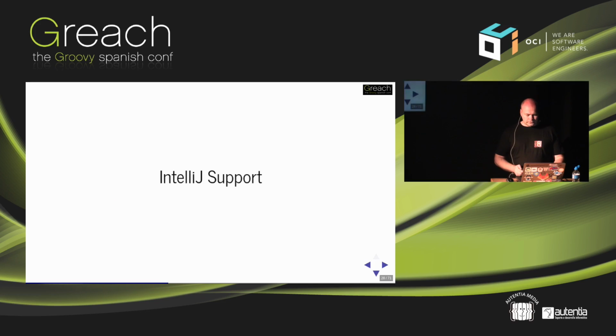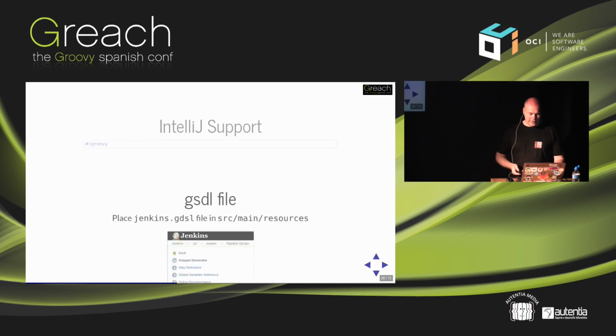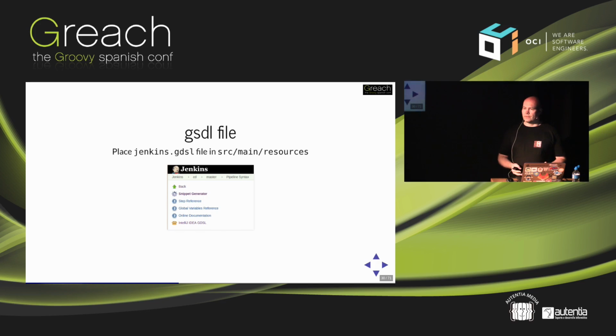Editor support. Well, this is just Groovy, so the first thing you should do is make sure you have informed your editor this is in fact Groovy. Then it'll try to help you as much. But this is a Groovy DSL, so you don't get that much out of the box. But Jenkins is aware of this, so they have made a GDSL file that takes care of most of the build steps.